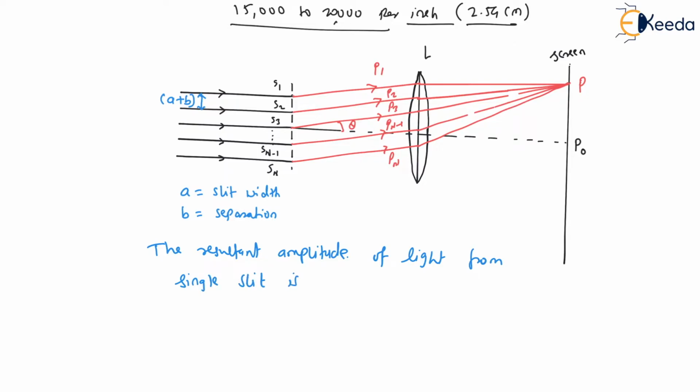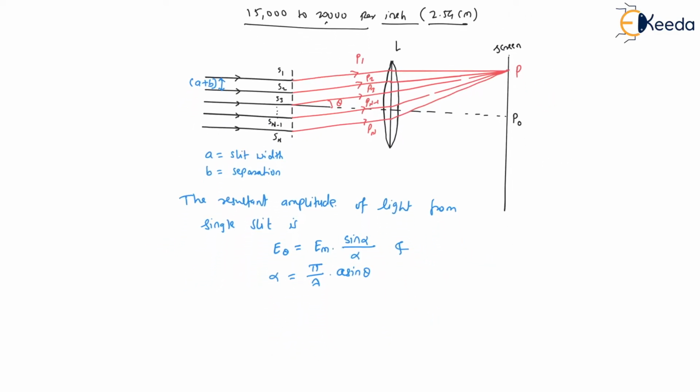We know the equation: E theta is equal to Em into sin alpha divided by alpha. Again we know what alpha means. This alpha is nothing but pi upon lambda into a sine theta. Always remember, a sine theta is the path difference for this diffracted light.